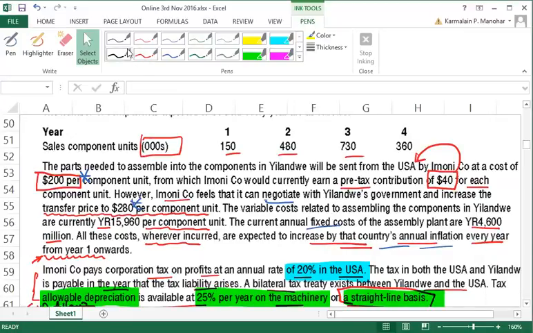Right? So this line here. Let's take a look. Parts needed to assemble has a cost of 200, which currently earn a pre-tax contribution of 40. However, they feel they can negotiate an increase of the price to 280 instead.